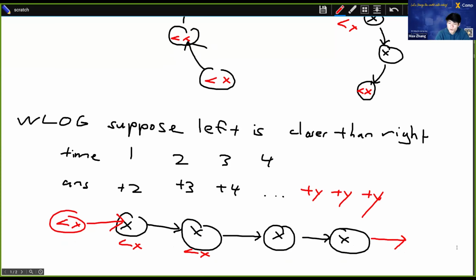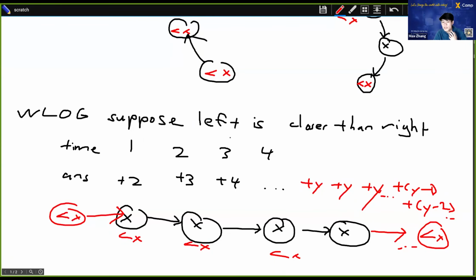And then finally, at some further point, it will hit some less than X value on the right. And so at each future time step, this value will no longer keep spreading to the right, but the one to the left will continue to override all its previous values. So it's going to start going down, y minus 1, y minus 2, and so on down until it reaches the end.